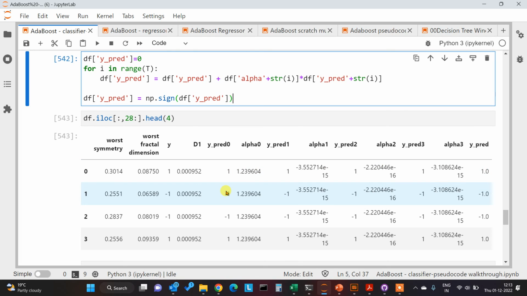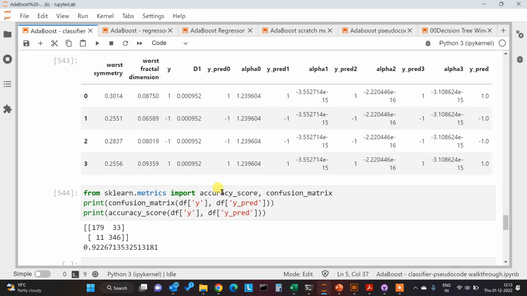So now we'll quickly take a look at the quality of our model. We will calculate the accuracy score, and before that we'll create the confusion matrix between y and y prime. So our model got an overall accuracy of 0.92. Keep in mind that we built only 4 trees or 4 models.